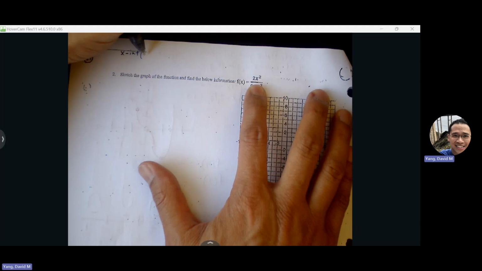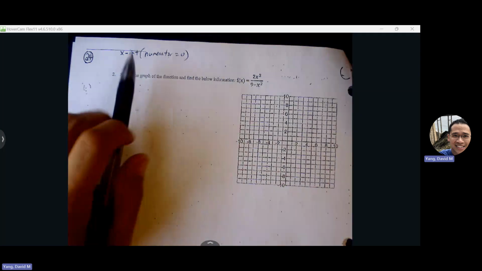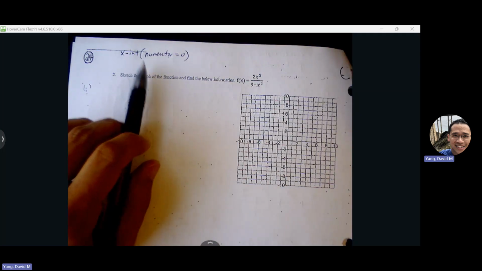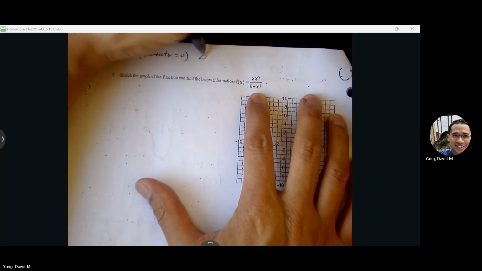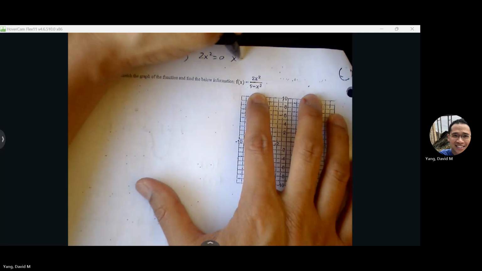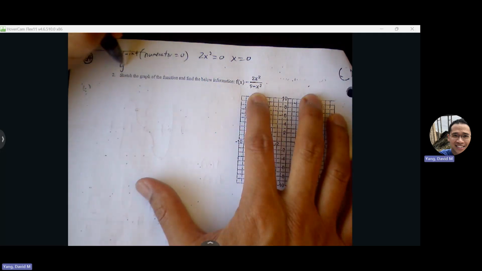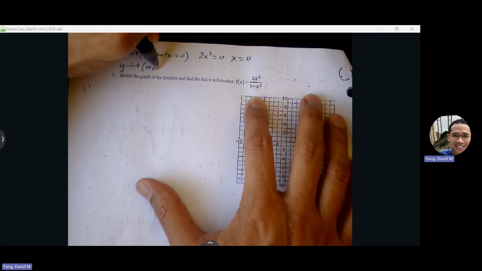If there's a numerator and denominator, setting your numerator equal to 0 will give you your x-intercepts. Your denominator equal to 0 will give you your holes or your asymptotes. And then for your y-intercept, you're replacing your x's with 0.